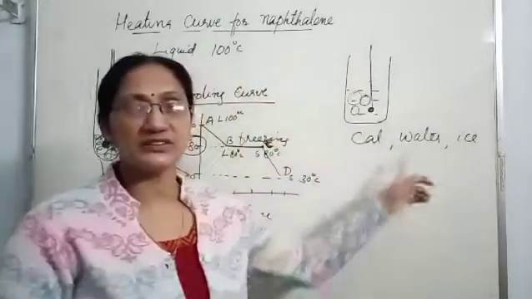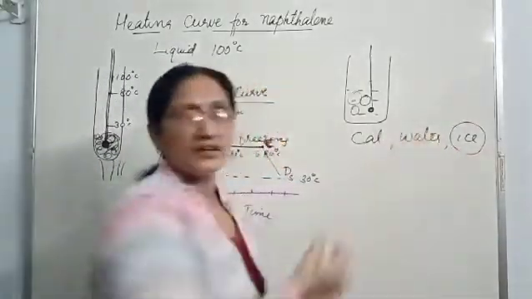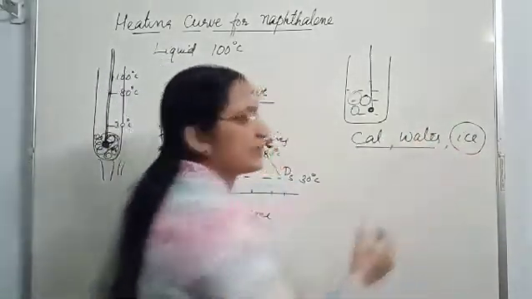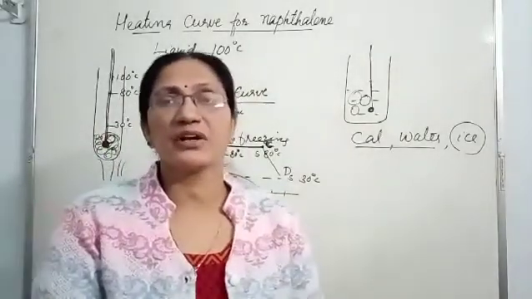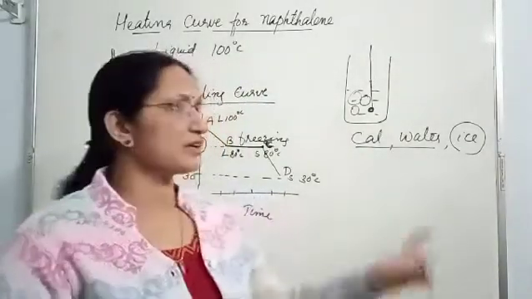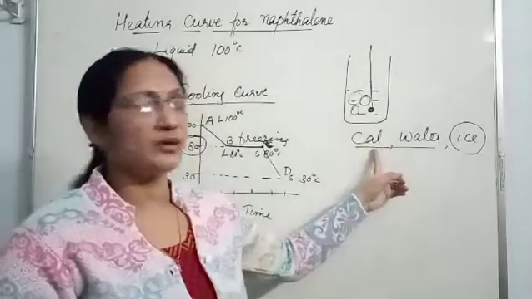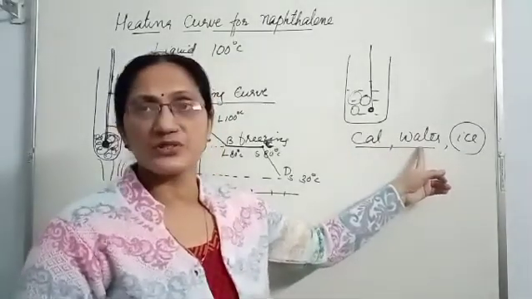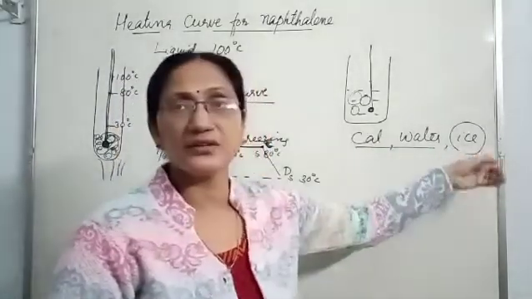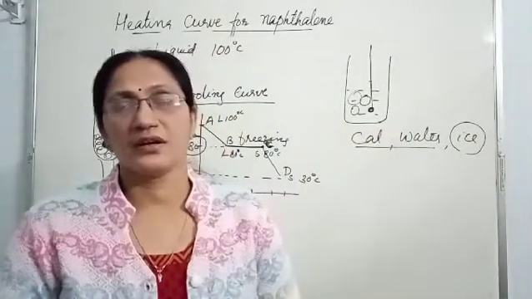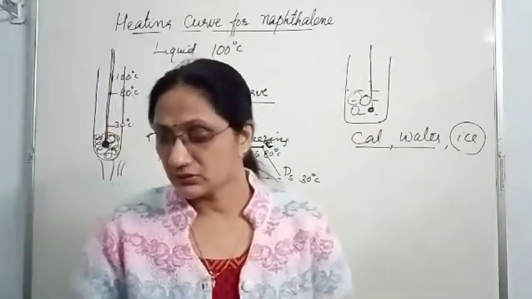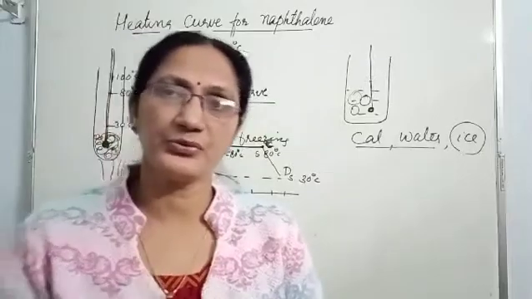Out of these three, ice will be gaining heat, water and calorimeter are losing heat. Then you can apply the principle of calorimetry. Heat lost by calorimeter plus heat lost by water is equal to heat gained by ice. In that way, you can find out the specific latent heat of fusion of ice.